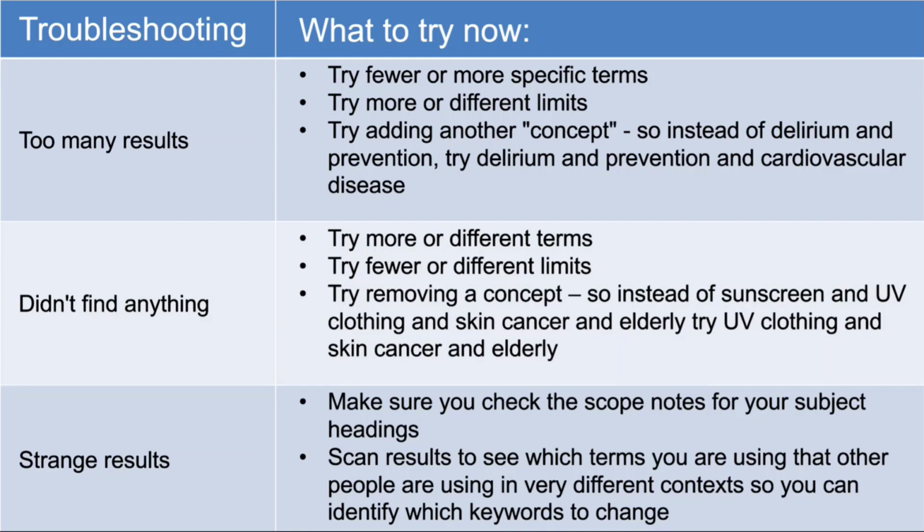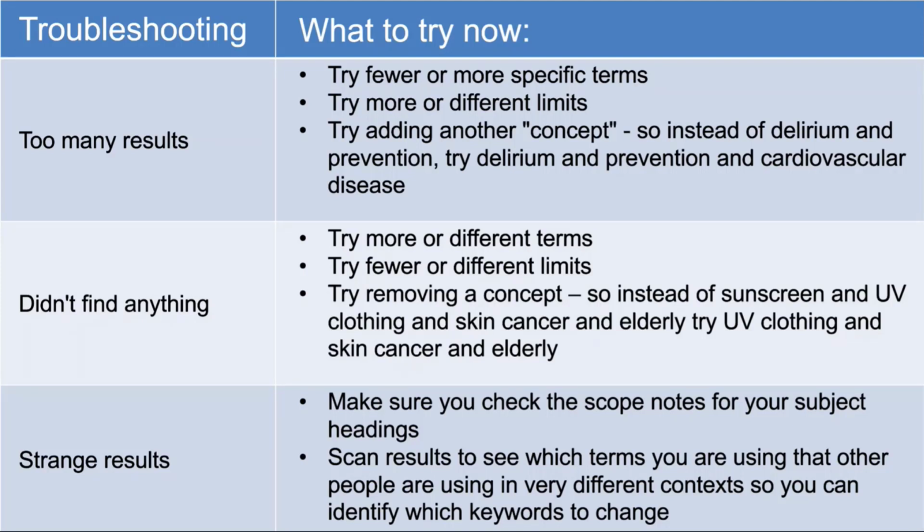And you were looking at the results and you're like, these are very, very strange results. Well, the word course, if that's something that you've used in your search strategy, is going to show up for course of treatment. It's going to show up for course of illness. It's going to show up for a number of other things because other people just use that word to mean something entirely different from what you are looking for.